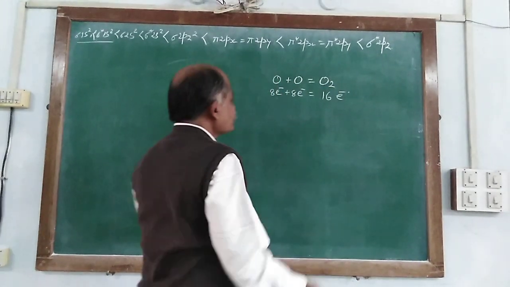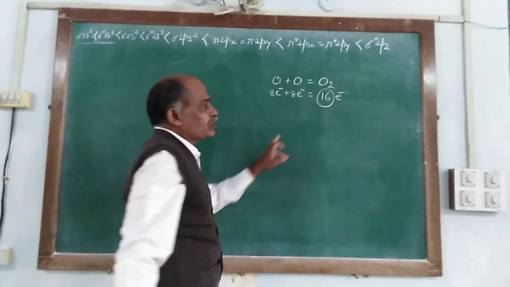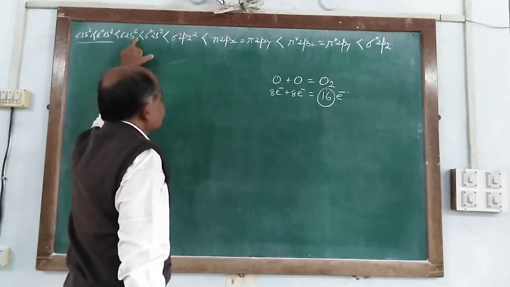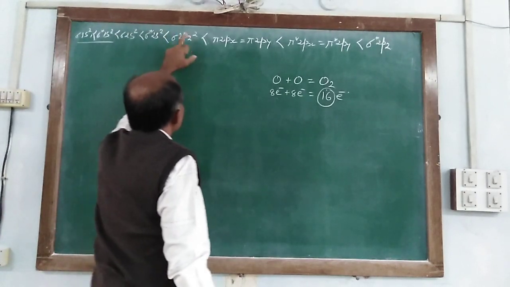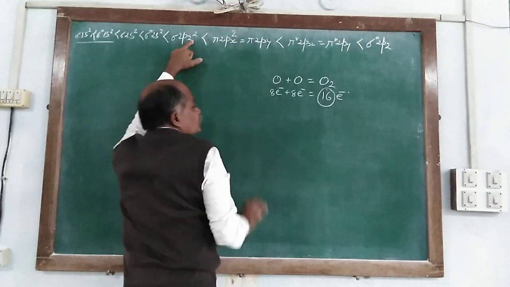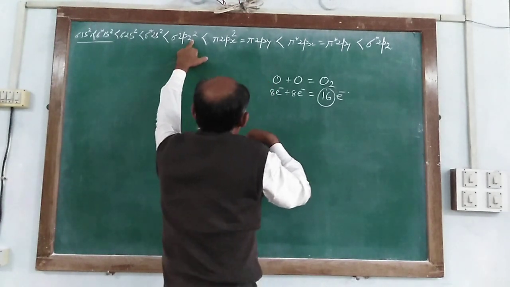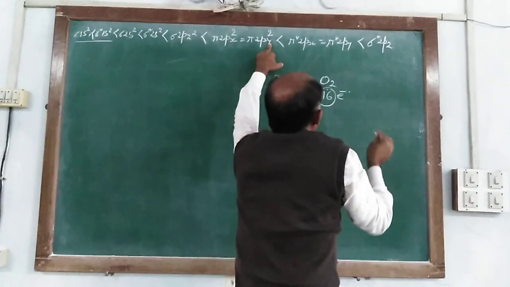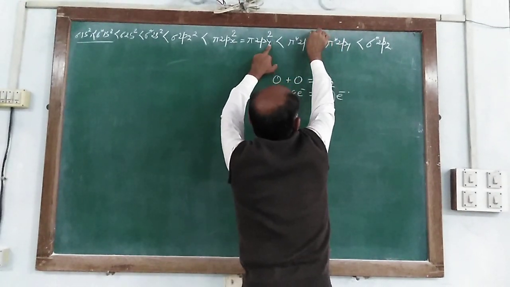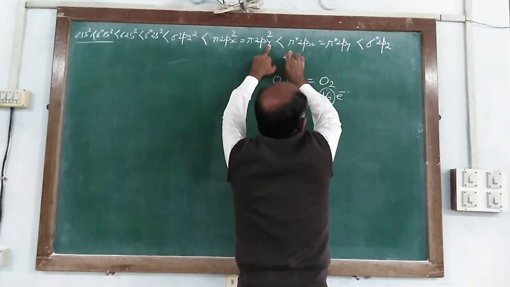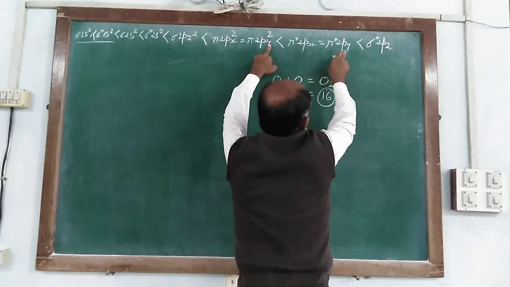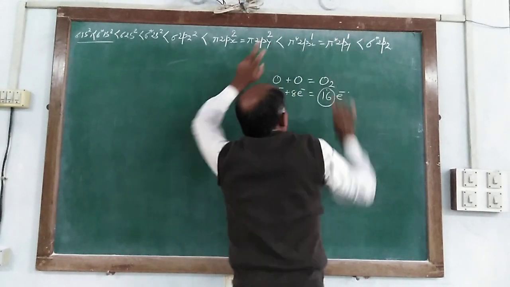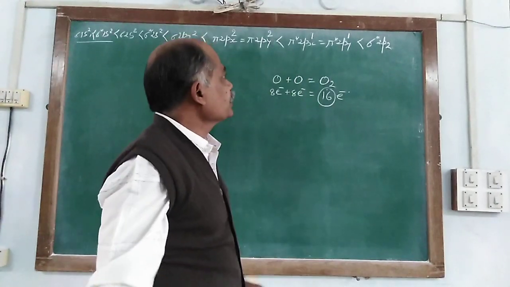So here we accommodate a total of 16 electrons: 2, 4, 6, 8, 10, 12, 14, 16. But here pi star 2px and pi star 2py have similar energy, so one electron goes here and one electron is accommodated here.